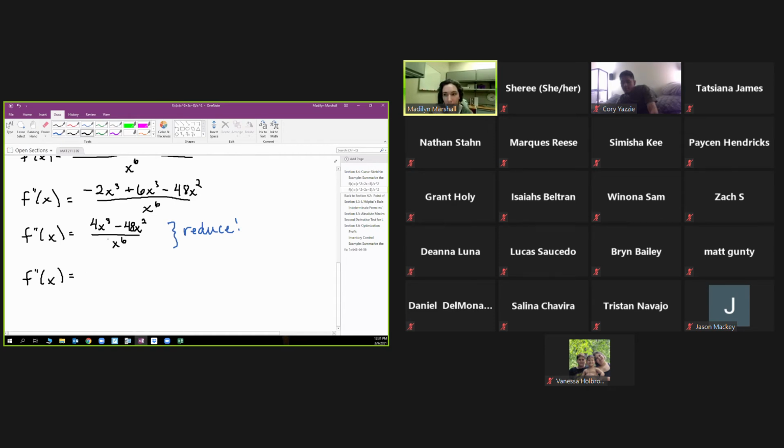In all 3 of these terms, there is an x squared that's common. So we can cancel an x squared out of everything. It might be helpful to think of it as factoring out the x squared from the top. And then we can cancel x squared and x to the 6th. So that will be x to the 4th.